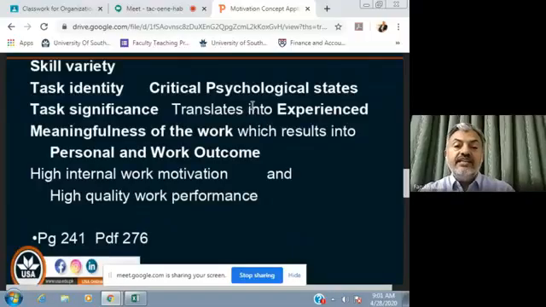Task identity, that if they're doing a variety of tasks, they remain happy. And task significance, if their task is impacting other people, it impacts the life of other people, then they are highly internally motivated and they produce high quality work performance.